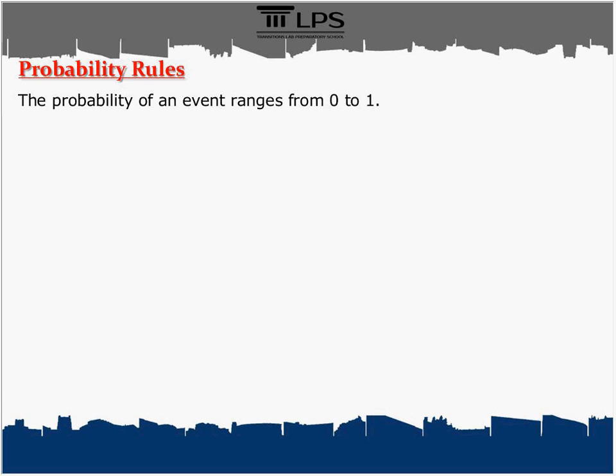Important probability rules first. Probability of an event ranges from 0 to 1. If the probability of an event is 0, it means the event will not occur, the probability of it occurring does not exist at all. So when it is equal to 0, the event will never occur.